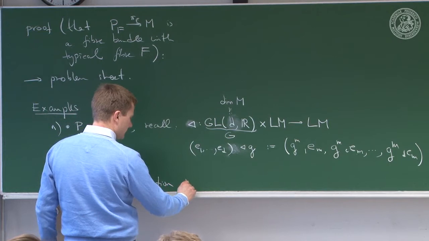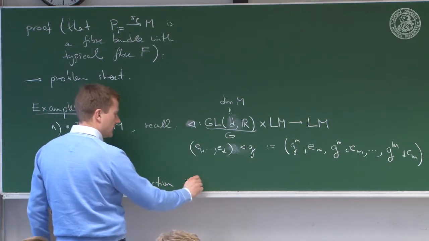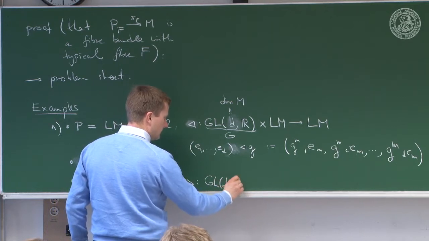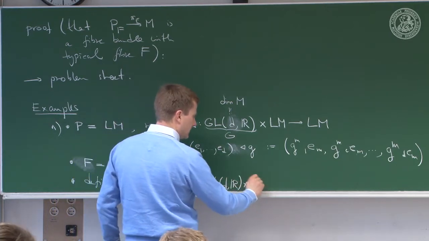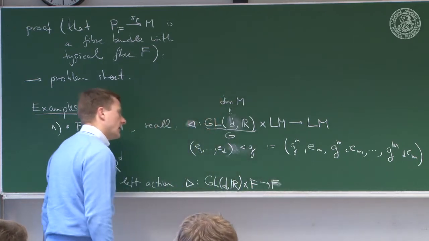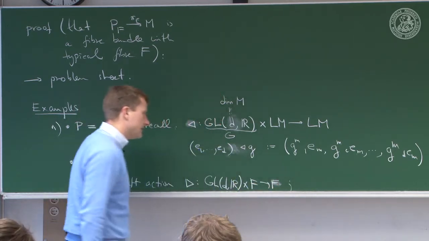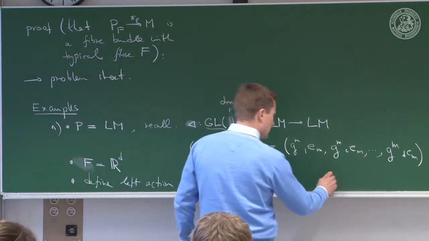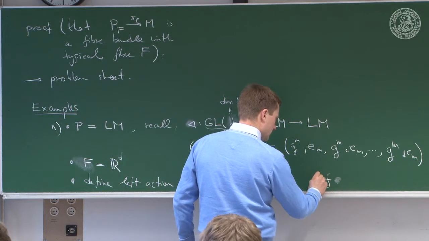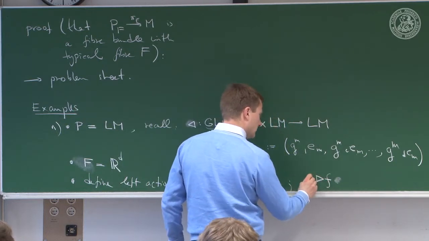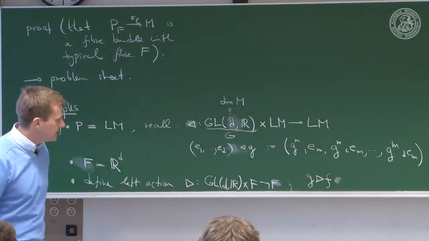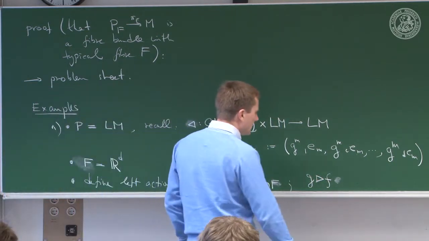So that's this symbol that takes you from GL(D, R) and an element of F back to F, and we define this by f being acted on from the left by a GL(D, R) transformation.